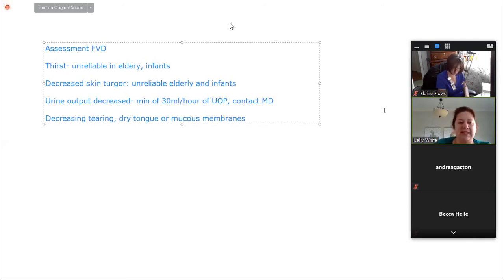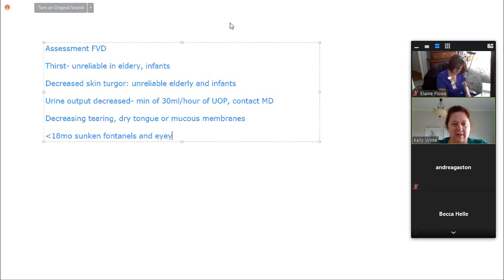That's going to be present in all ages. In children less than 18 months, you're going to see sunken fontanelles. And sunken eyeballs.